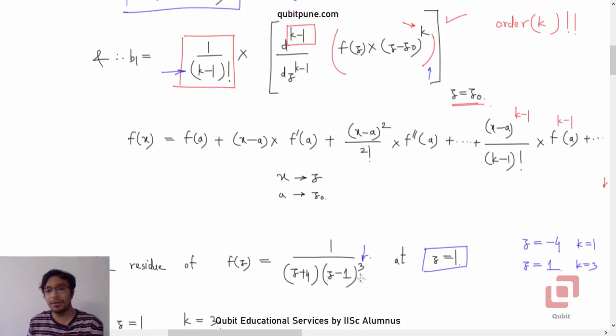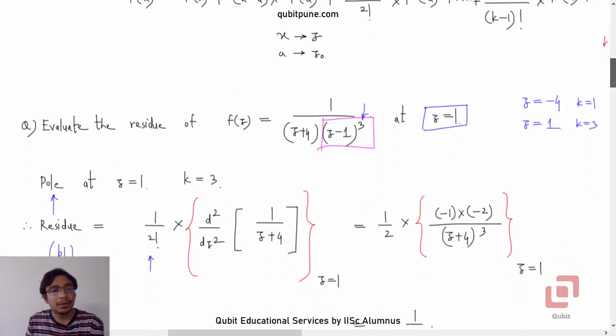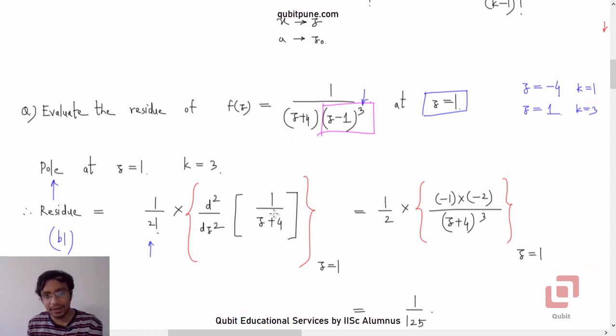Here it is z minus 1 to the power 3, which means it will lead to the cancellation of this particular term. So we are now to find the second derivative of 1 upon z plus 4 at z equal to 1, which we can very easily do.